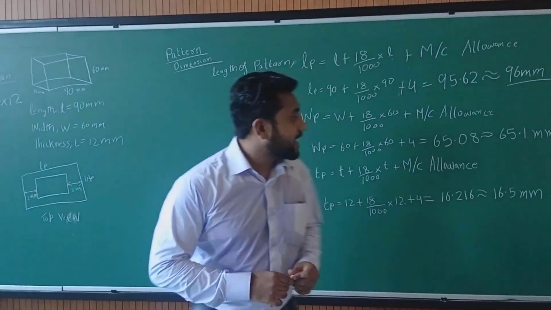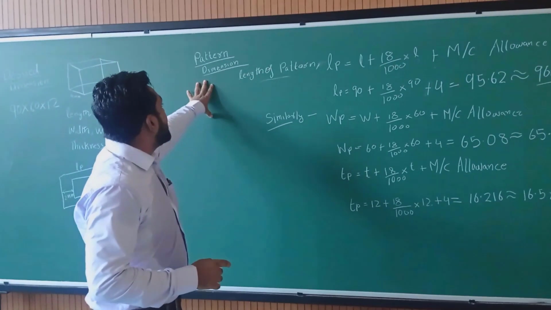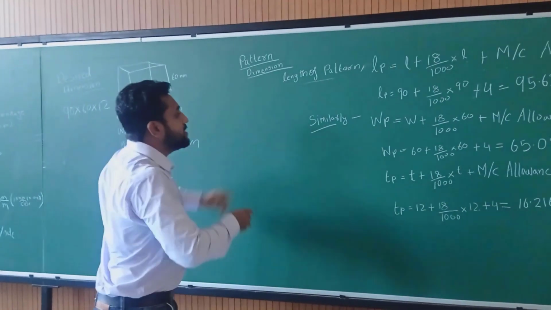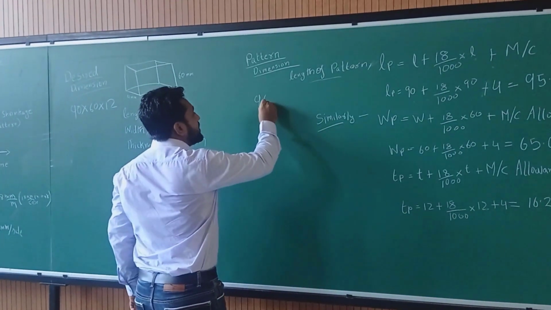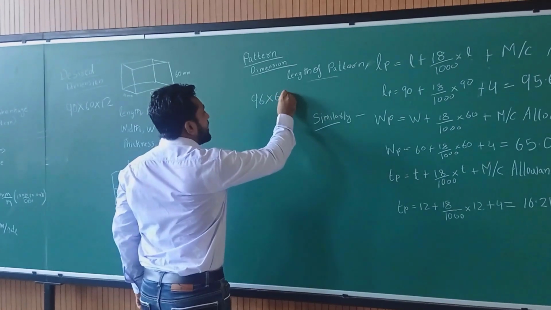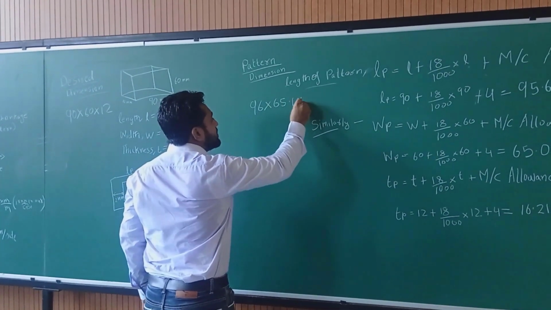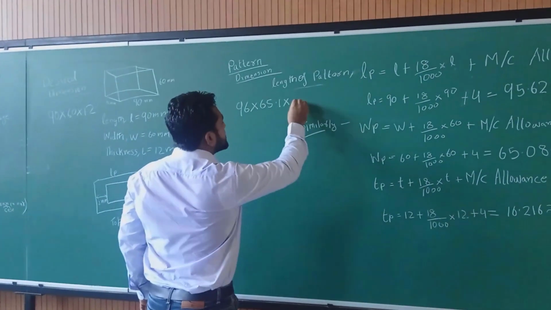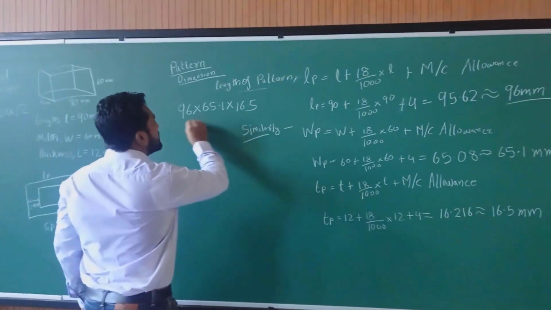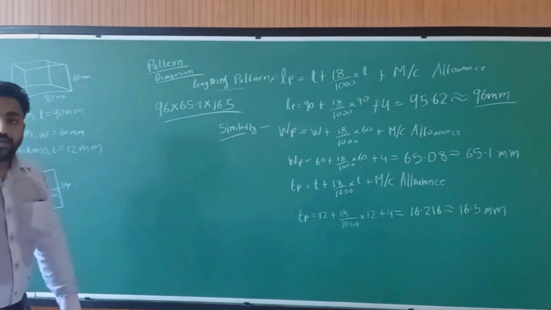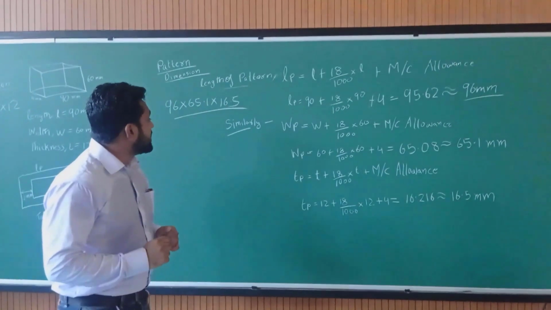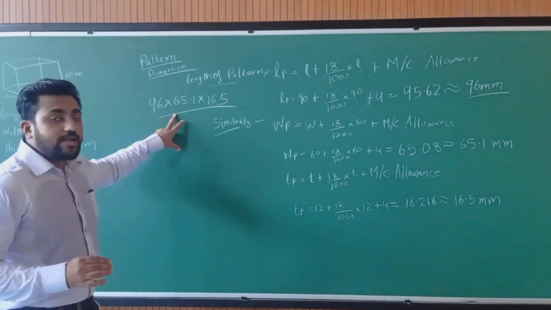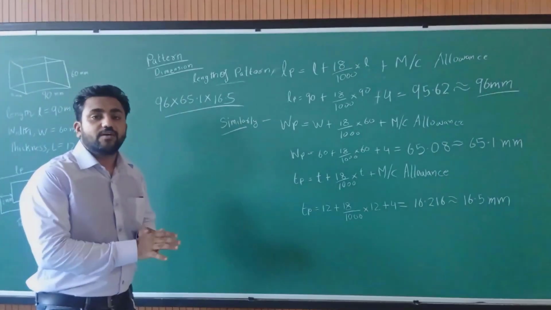So we can see that the pattern dimension will be 96 by 65.1 by 16.5. In our case, we will make the wooden pattern of this dimension.